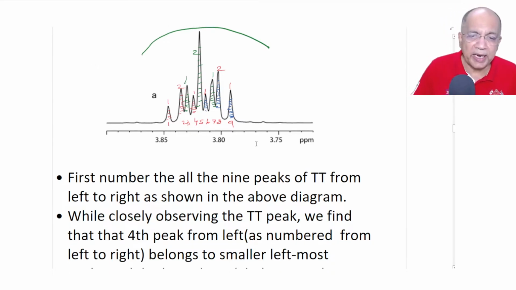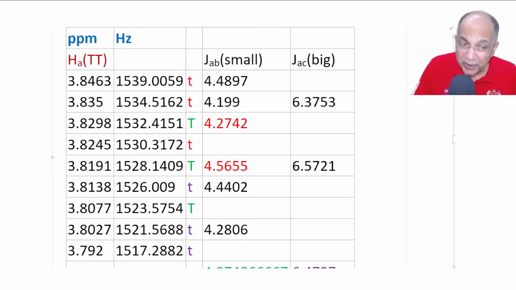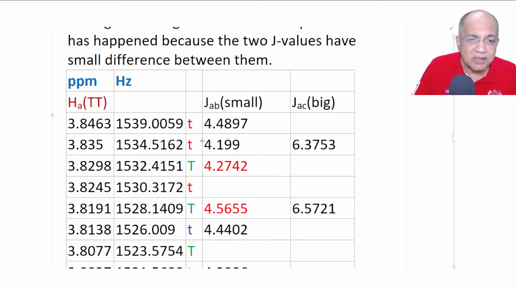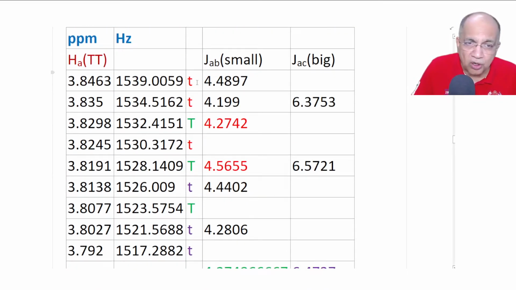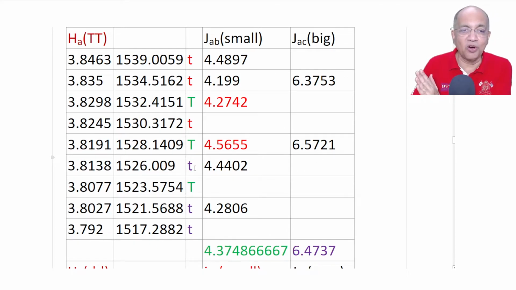So in this way, we have found out using an Excel spreadsheet. This is the 9 lines. The first small triplet, 2 components are immediately there, and the third component is crossing the first component of the middle big triplet, and then this is the big line of the middle triplet, and the small triplet of the third small triplet.